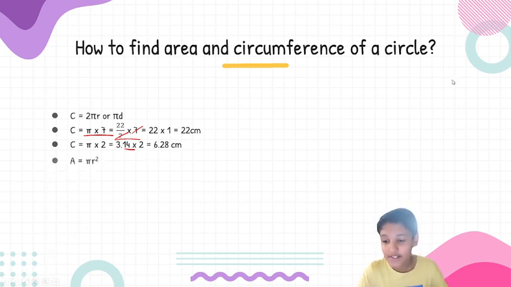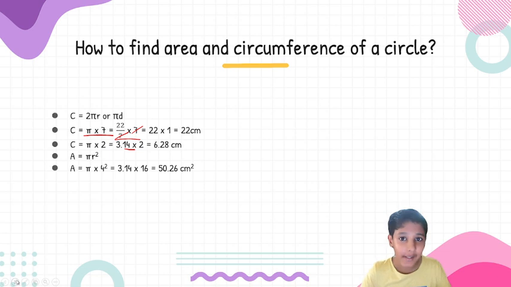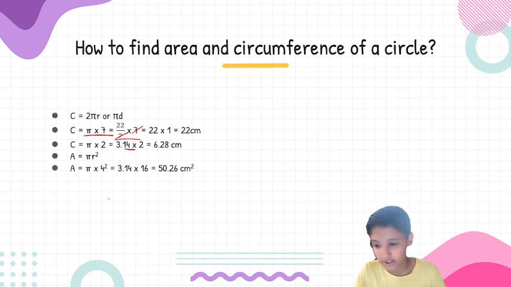Now let's take a look at area. The formula for the area of a circle is pi r squared. And if we're ever given the diameter, we just divide the diameter by 2 and then multiply the radius by itself. So let's take a look at this example where our radius is 4 centimeters. So it will be pi times 4 squared.